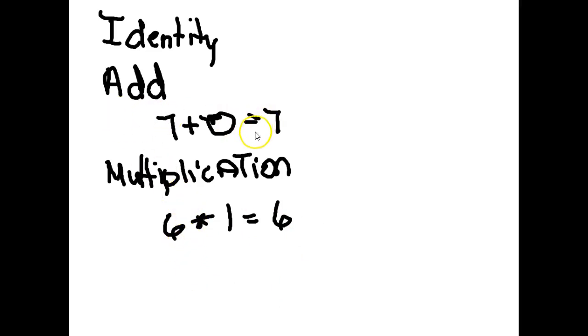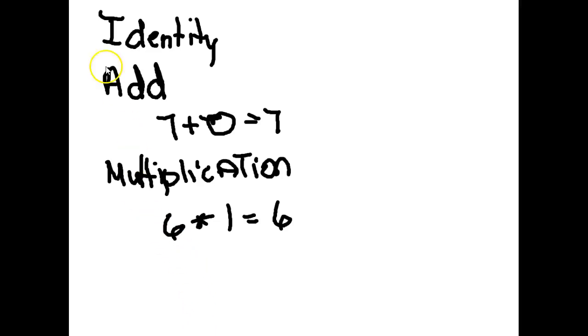In addition, you're going to be adding a 0. In multiplication, you're going to multiply by 1. And this actually comes in handy because when we're trying to solve for something with fractions in it, we need a common denominator, and we play some games with the 1. So this is fairly useful to have. Alright, so I'm going to move on from identity.